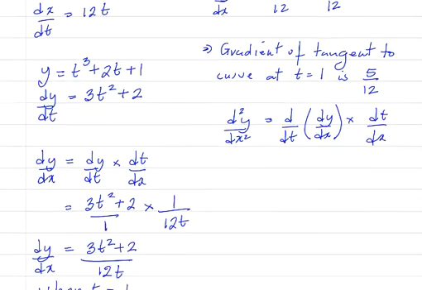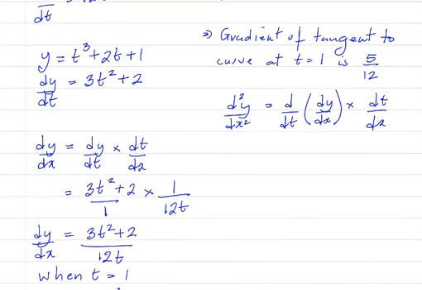All right, so let us start out by differentiating dy by dx with respect to t. So let's start out with dy by dx again. dy by dx is equal to 3t squared plus 2 over 12t.